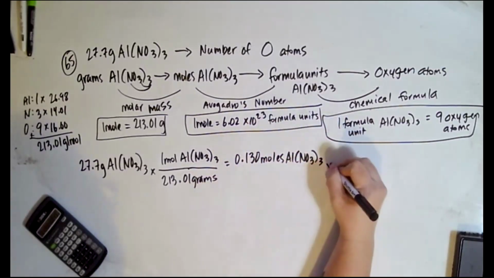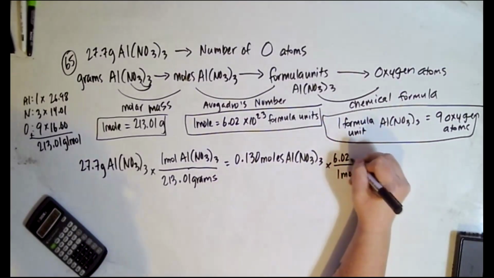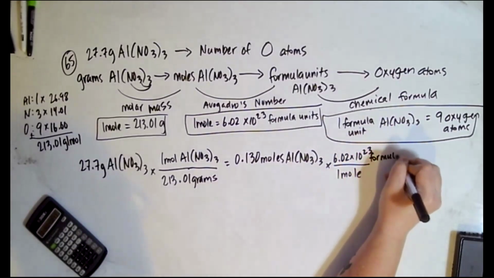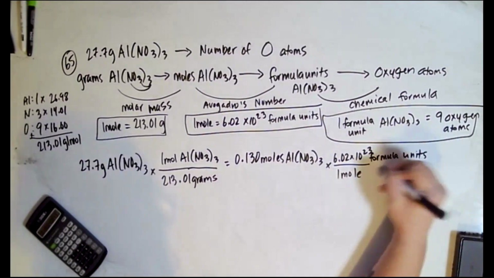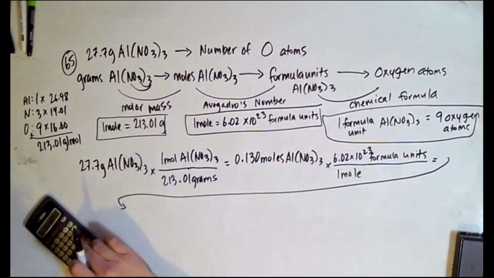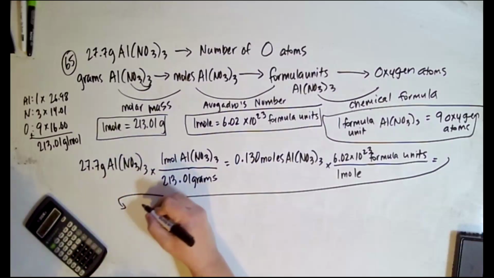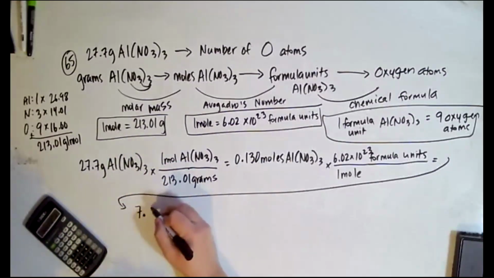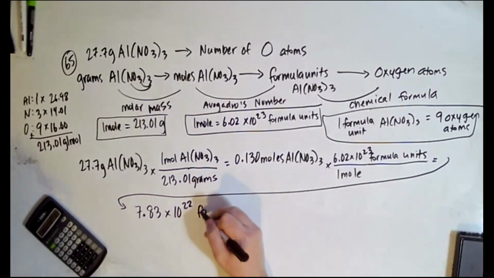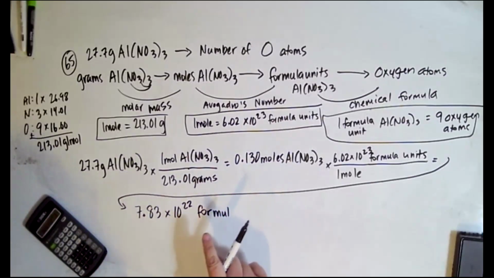And now we can use Avogadro's number. That tells us every 1 mole is going to be 6.02 times 10 to the 23 formula units. And we'll write down the answer over here. So that's going to be 7.83 times 10 to the 22 formula units.